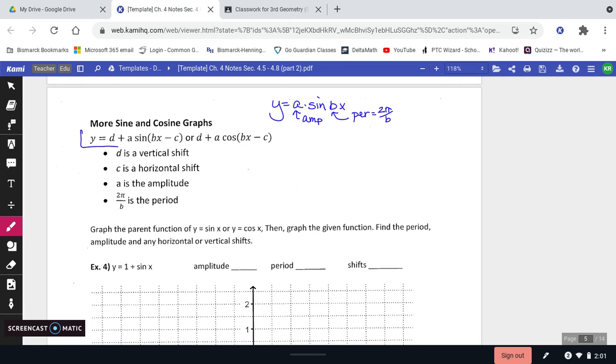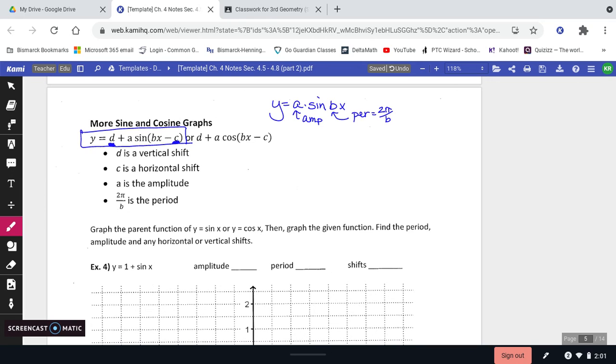Okay, so this equation is the same, except that you'll notice that you have this bx minus c and then the plus d. The c and the d act like the h and the k that we've seen with many of our function families, where h is your horizontal shift and k is your vertical shift.